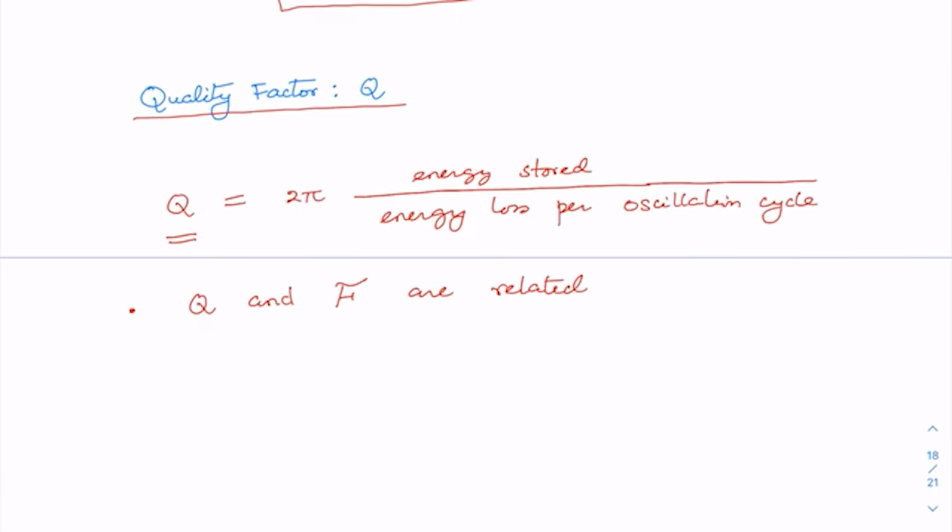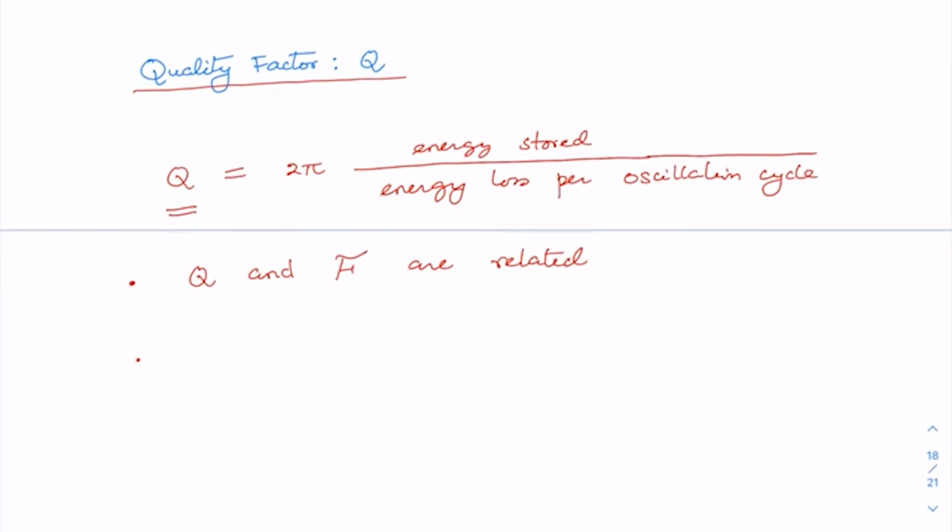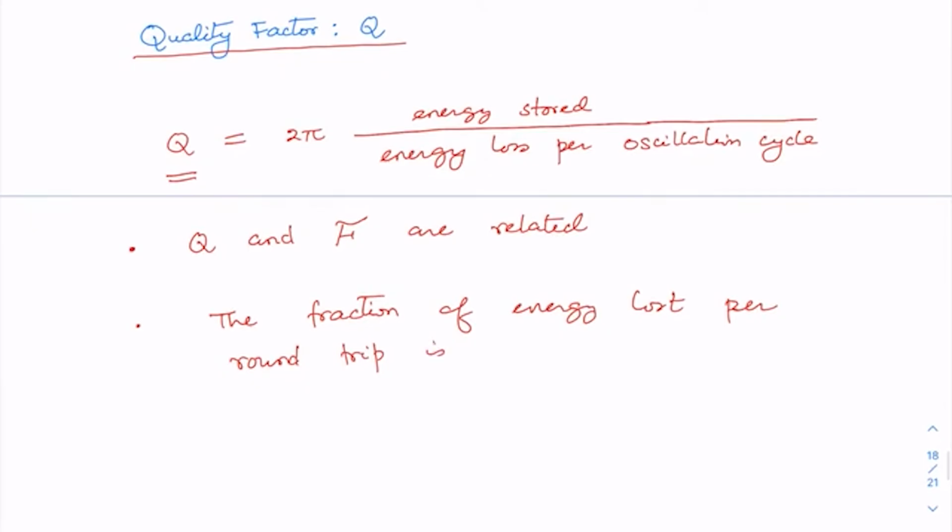Now, if the survival probability of the photon inside the cavity is PS, then for an optical cavity the fraction of energy lost per round trip is 1 minus PS.